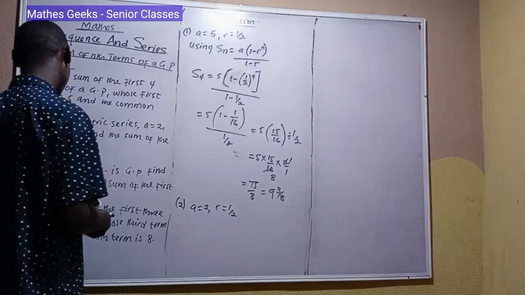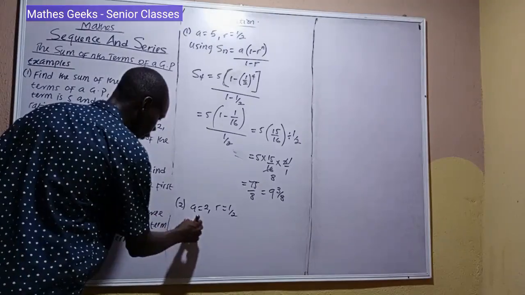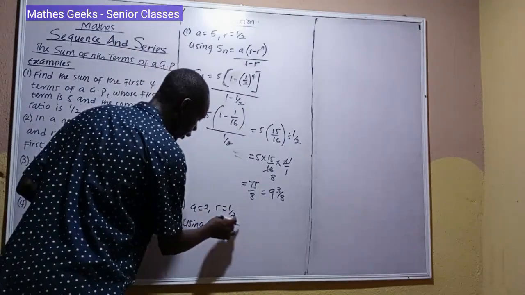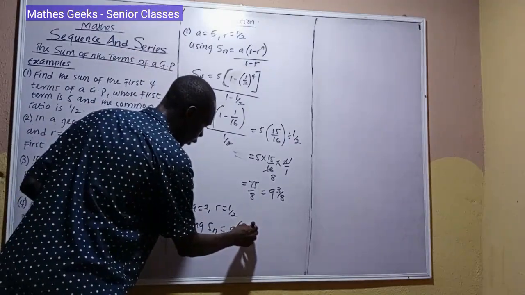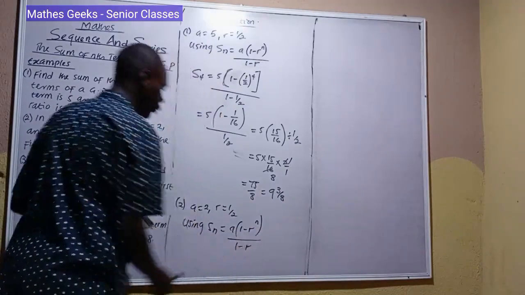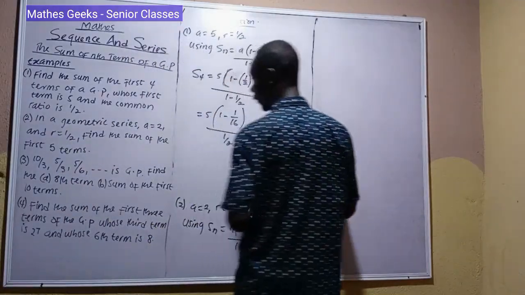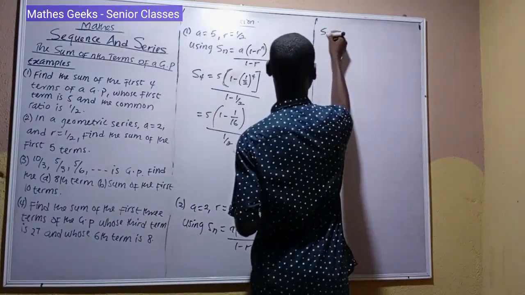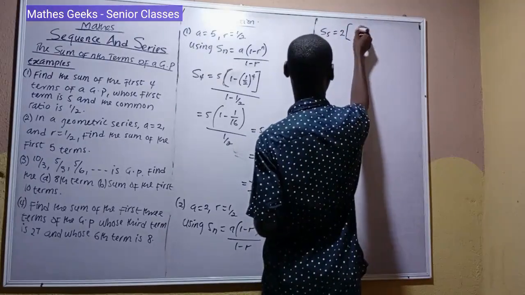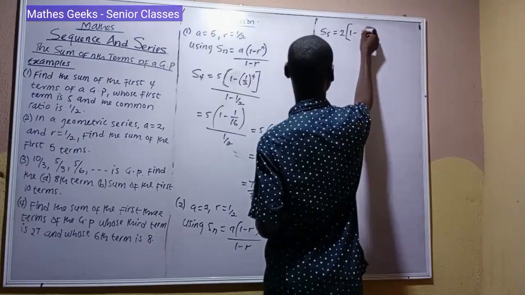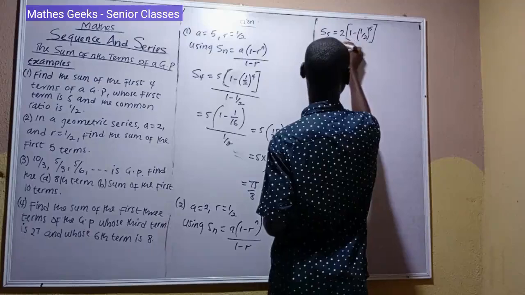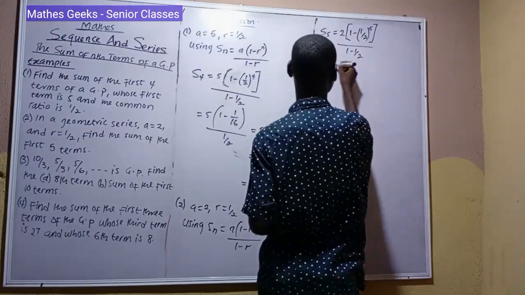Find the sum of the first 5 terms using Sn is equal to A times 1 minus R raised to N over 1 minus R, since the common ratio is less than 1. So the sum of the first 5 terms, S5, is equal to 2 times 1 minus 1 over 2 raised to 5 over 1 minus 1 over 2.